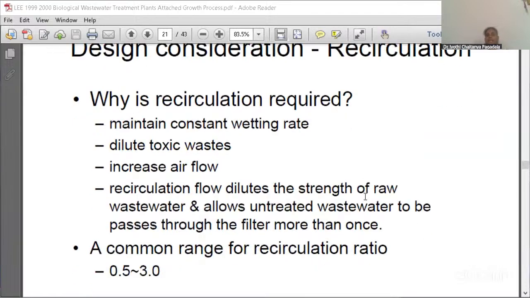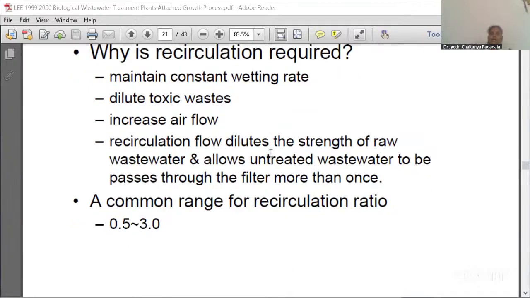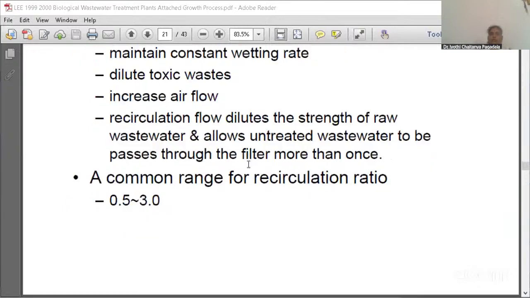Why do we need recirculation? It maintains a constant wetting rate, dilutes the toxic waste, and increases the air flow. Recirculation flow dilutes the strength of raw wastewater, and allows untreated wastewater to pass through the filter more than once.